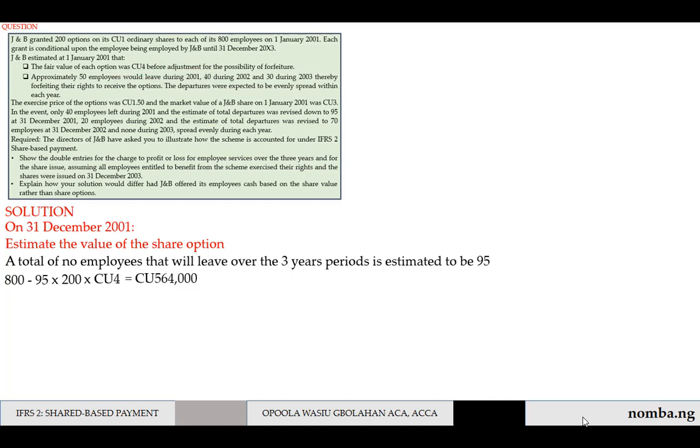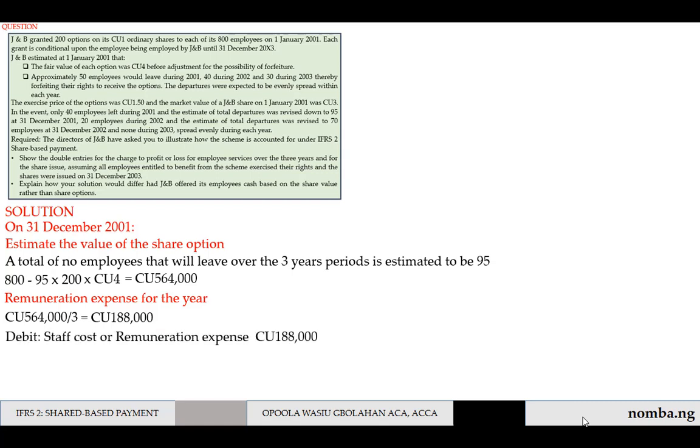The total gives us 564,000. Having determined that, we can get the remuneration expense for the year, which will be 564,000 over 3, and that will be 188,000. So with this 188,000, we will debit staff cost or remuneration expense with 188,000 and credit equity with 188,000.